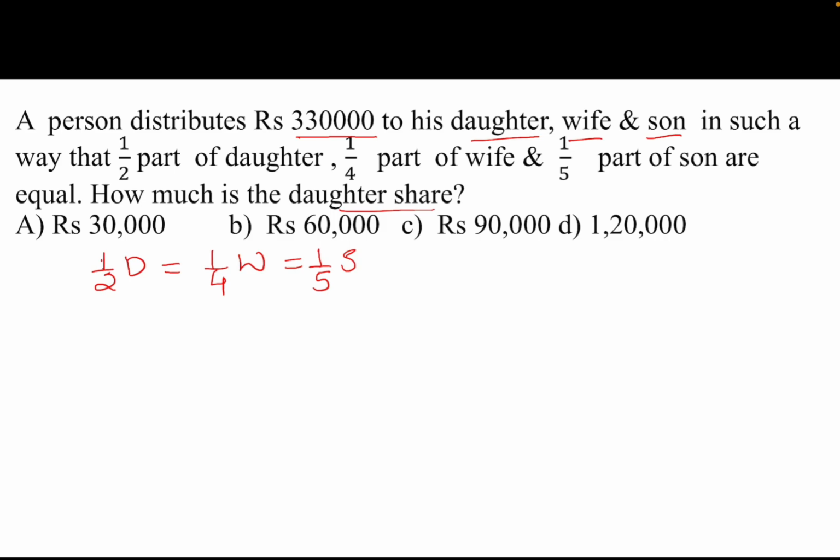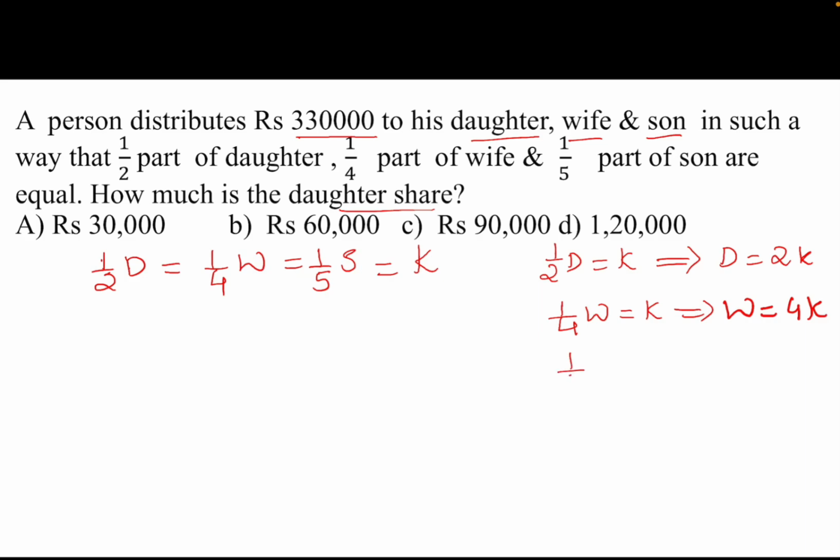Now it is given that half of D is equal to 1/4 of wife is equal to 1/5 of son. Now this we can equate to one constant, that is K. By doing this, what do we get? Half of D is equal to K implies D is equal to 2K. Then 1/4 of W is equal to K. This implies W is equal to 4K.